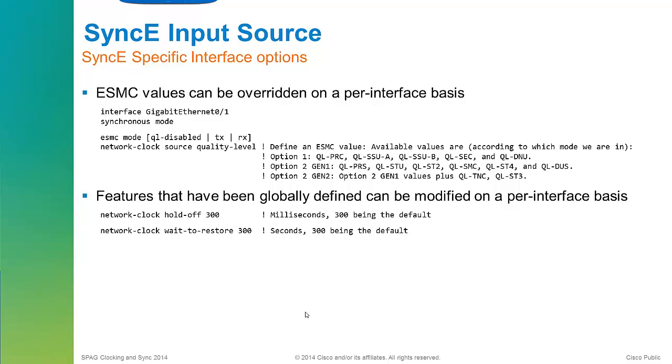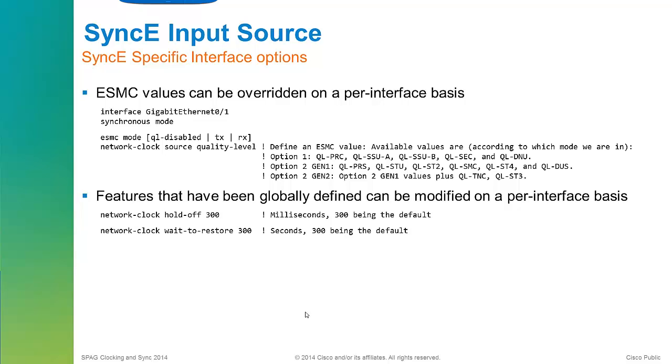So we won't talk about it too much, but you're able to change your ESMC mode to say I don't want to worry about quality levels. You're able to transmit or receive particular quality levels, so you can override them. And these are the ESMC values which you can send and receive. There's option 1 ITU values, option 2 generation 1, option 2 generation 2. So just so you know, you can turn it off, or you can transmit or receive a number of quality levels.